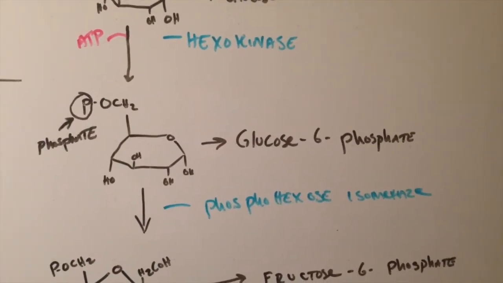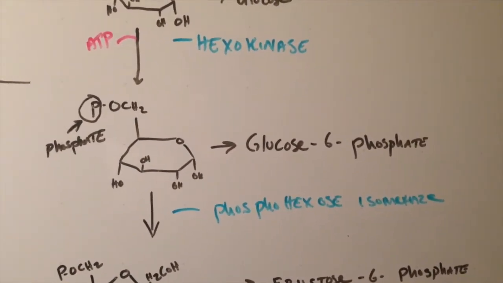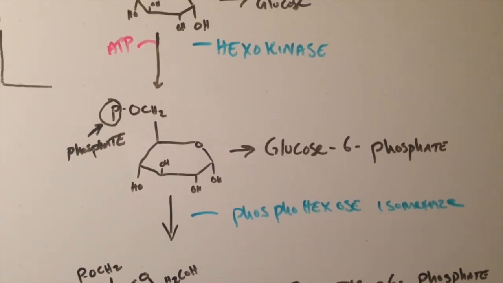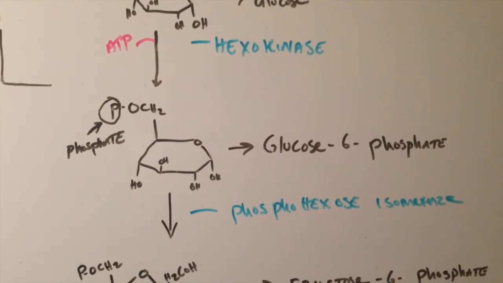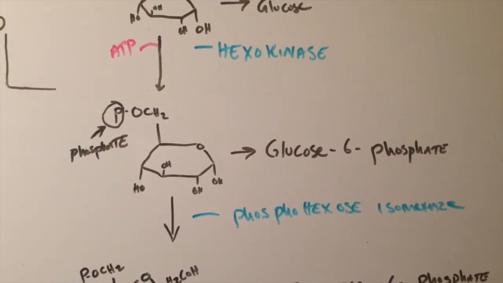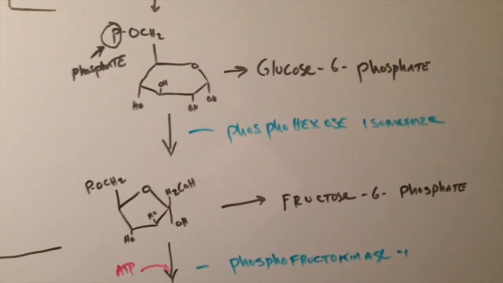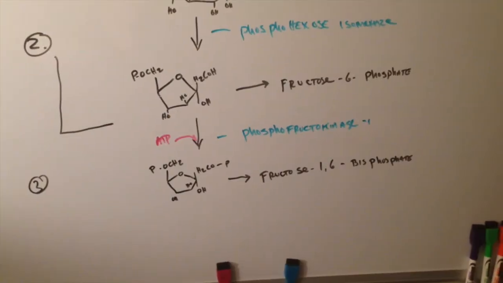Once we have the molecule of glucose 6-phosphate, it is acted on by an enzyme called phosphohexoisomerase. This enzyme rearranges the glucose 6-phosphate into fructose 6-phosphate. Step 3.